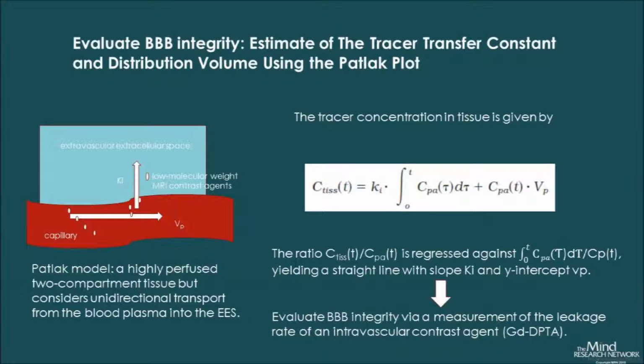So using a linear regression model, we can solve the slope Ki, which is the transfer constant, and the y-intercept represents the distribution volume in the capillary. In other words, we can evaluate BBB integrity via measurements of leakage rates of intravascular contrast agents such as gadolinium.